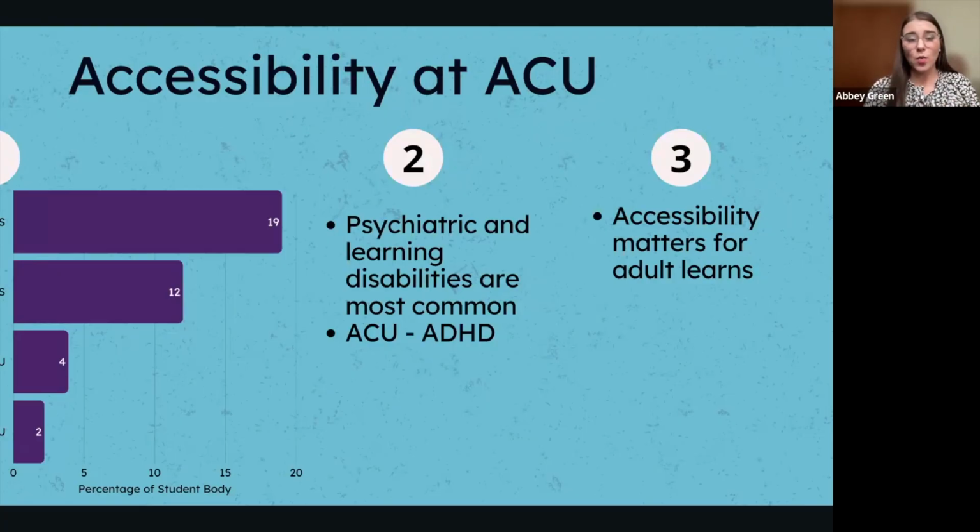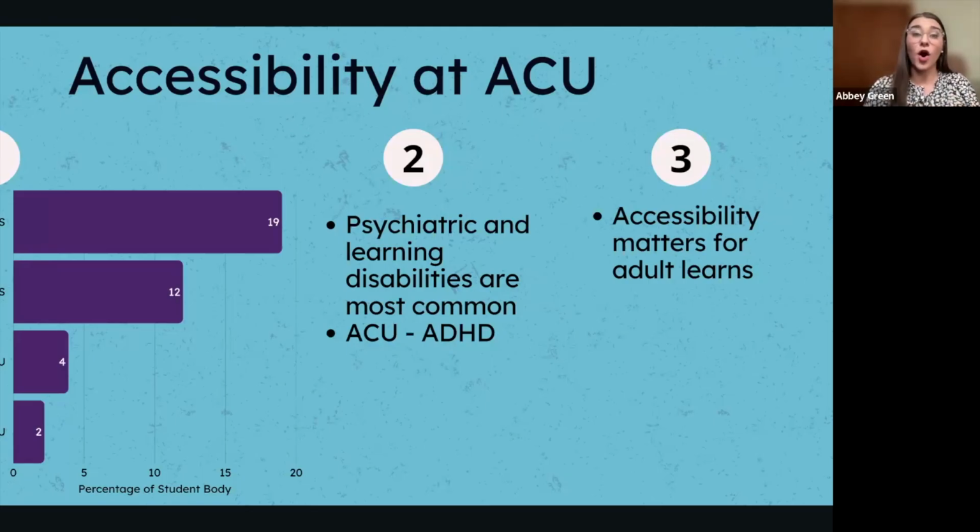For us, we don't have a great way to track aggregate diagnostic data. But anecdotally, for me, this is what I saw is true, and Julie and Emmy echoed this. We're going to see a lot of students coming forward with ADHD. And the reason for that is, again, a lot of those barriers that they would face in a residential setting don't exist.